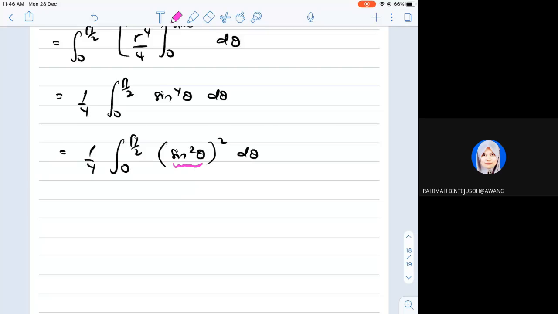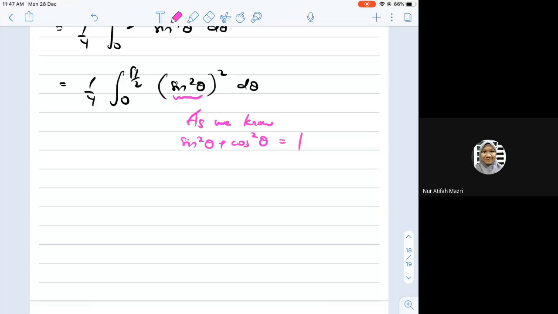Yang ni. As we know, sin squared theta plus cos squared theta equals to 1, isn't it?